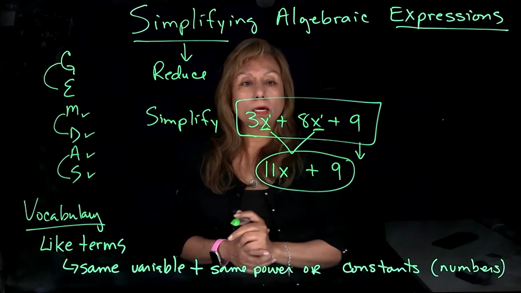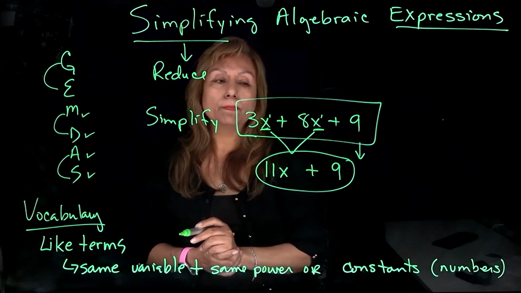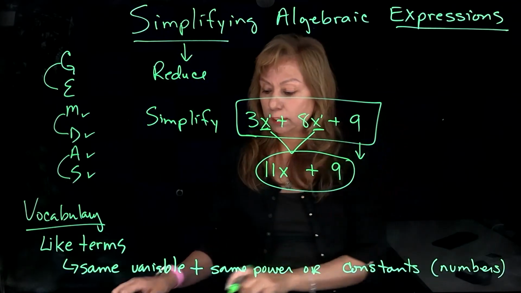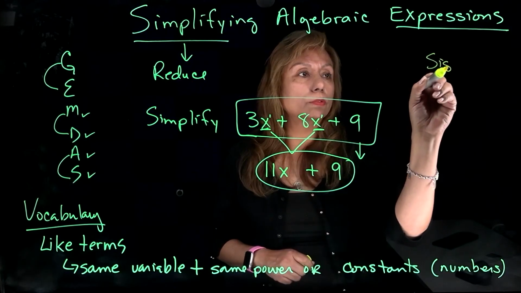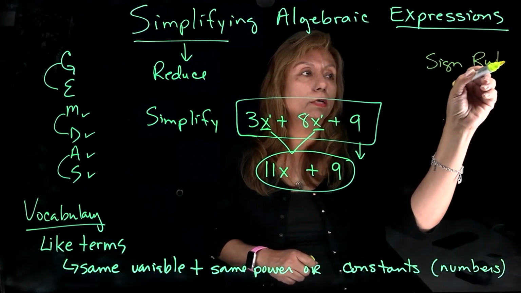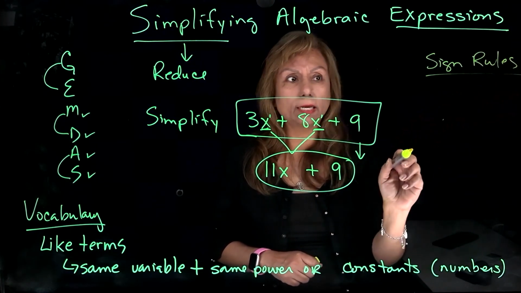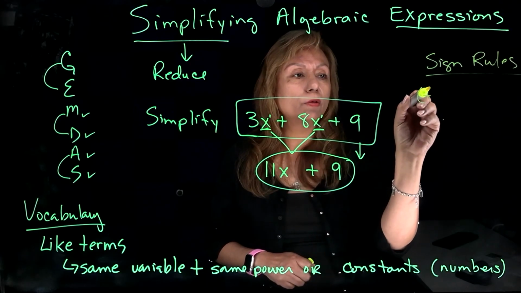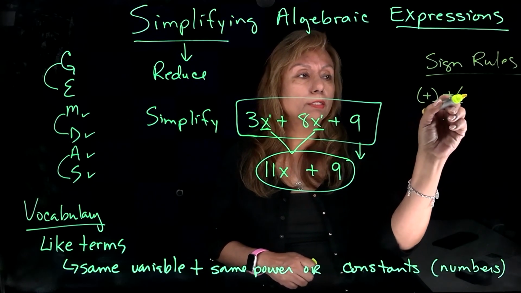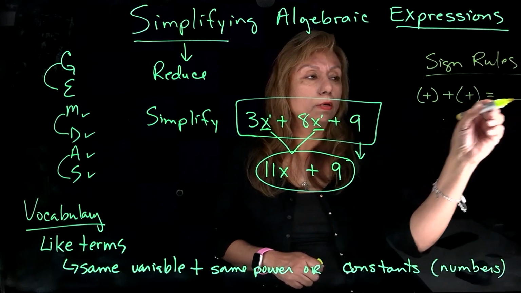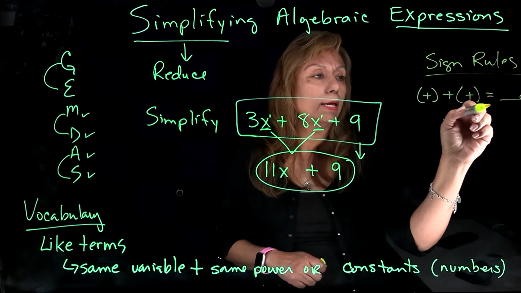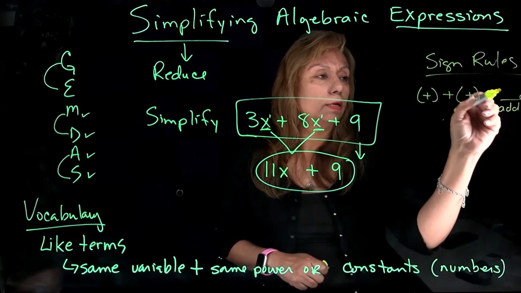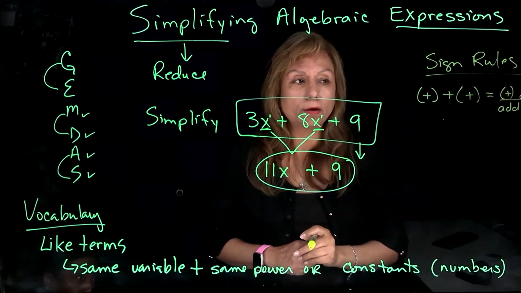Now, some of you are like, oh, so we just add those. Well, let's take a little step to the side here and make sure we didn't forget our sign rules. That's real important when we start talking about expressions and then equations later. So if we remember, if we have a positive number plus another positive number, we're going to add those together, and I'm going to put the add right below here, and we're going to end up with a positive value.